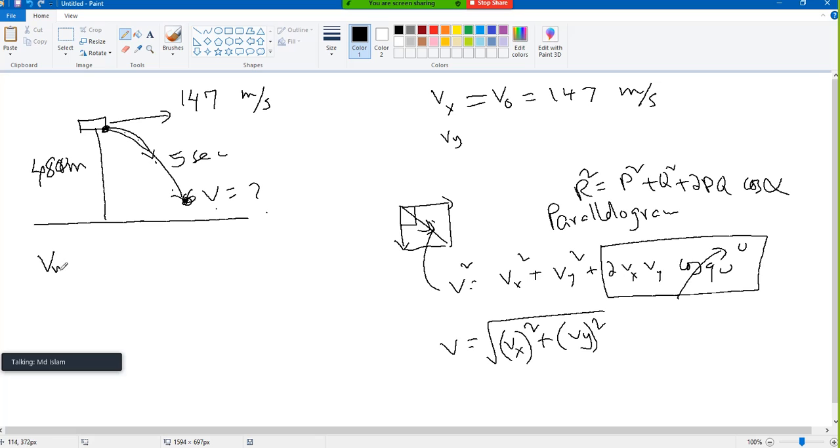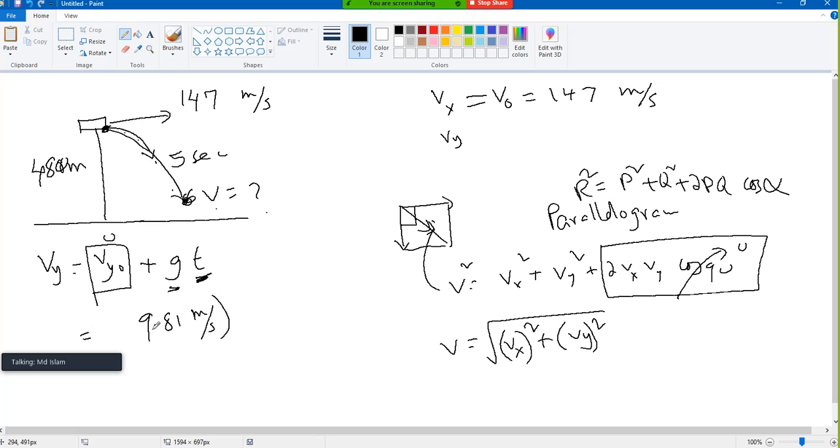Our first equation is Vy equals Vy naught plus gt. My first equation will give me the answer because time is known, 5 seconds. g is known, 9.81. Vy naught is known because it was going horizontal. Vy naught was 0. So I can find my Vy.